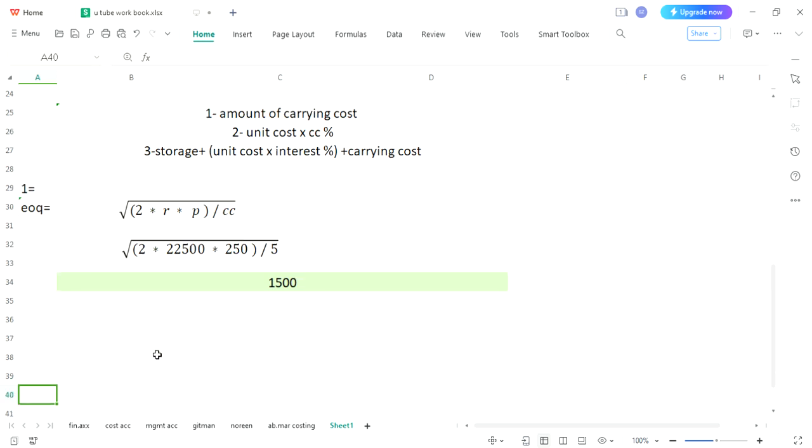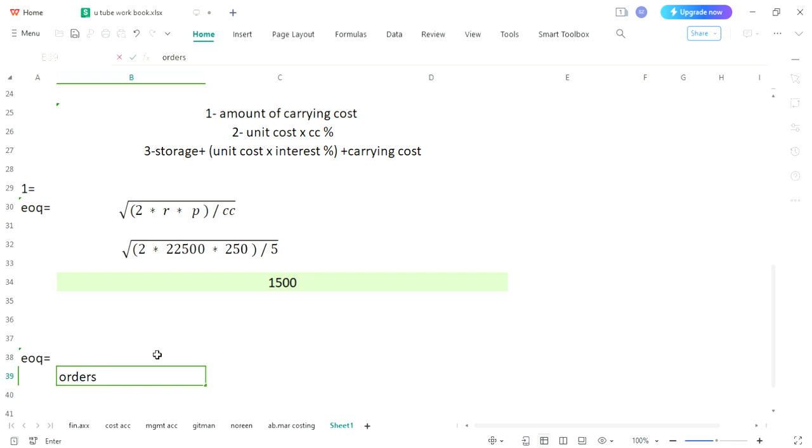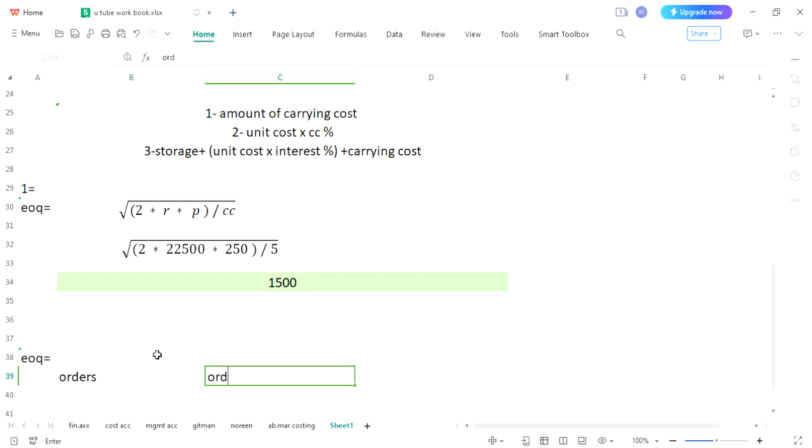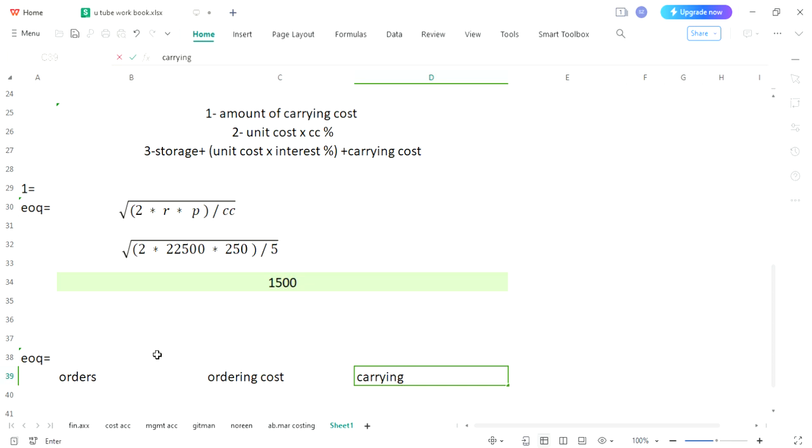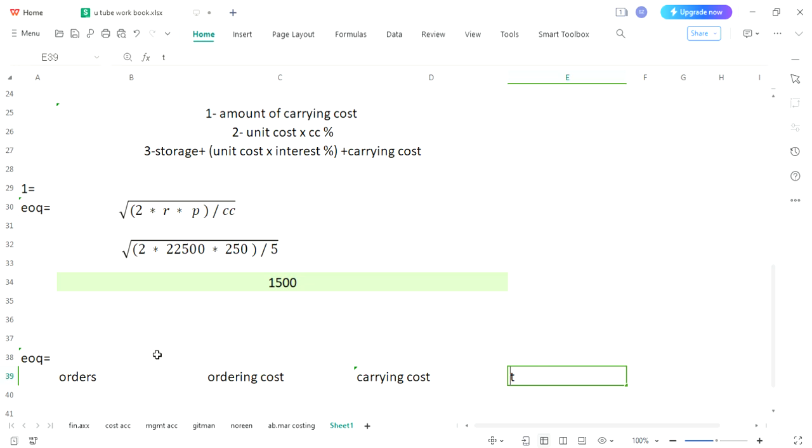For that purpose, first we will take economic order quantity. In presence of this, we will see what are number of orders in case of economic order quantity, what is ordering cost in case of economic order quantity, then you will see how much is your carrying cost in case of economic order quantity, and finally you will see your total cost.